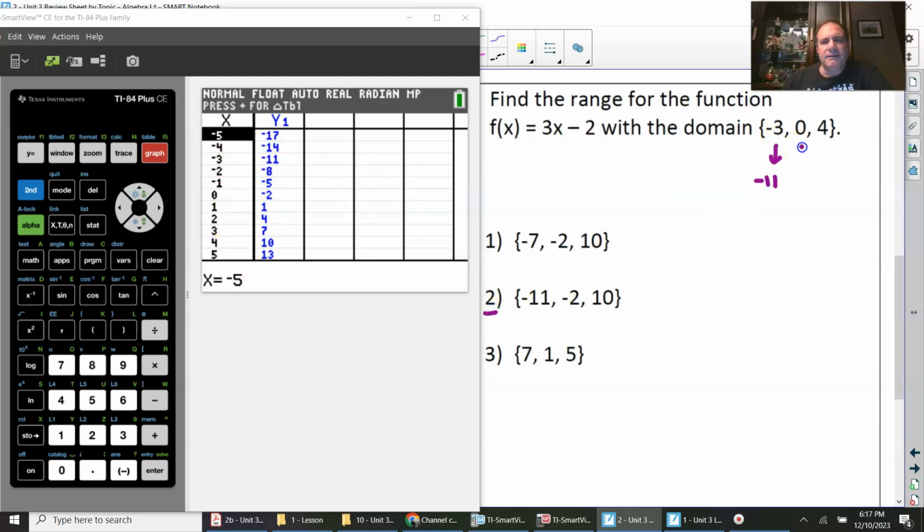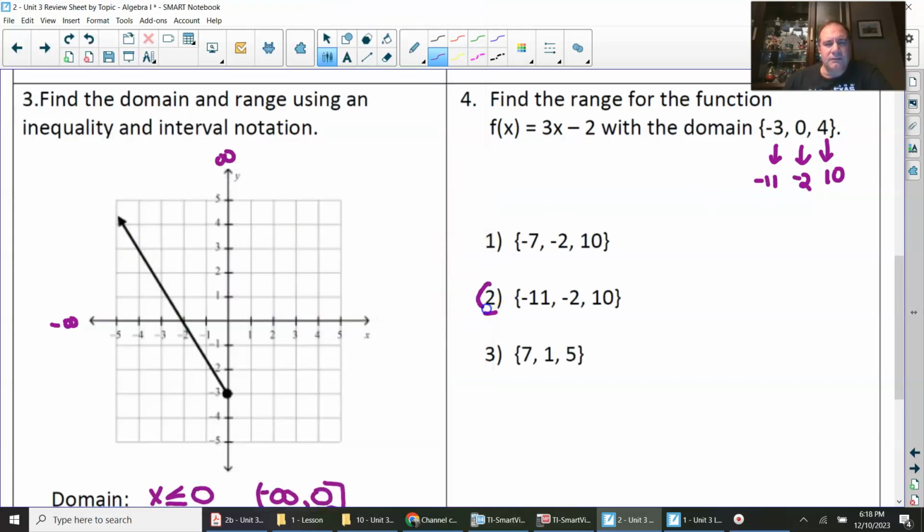For the domain of 0, we are going to have -2. And for 4, the domain, the range is 10. So obviously, -2 is your answer. And just like that, use your calculator.